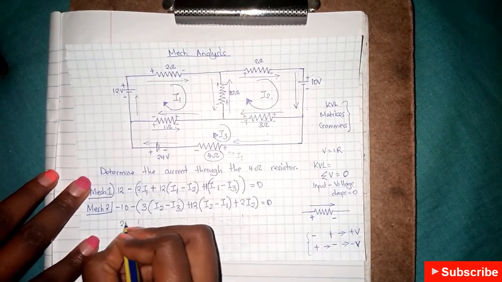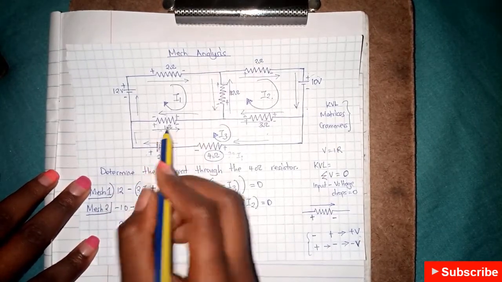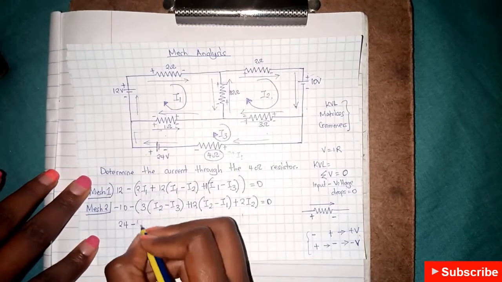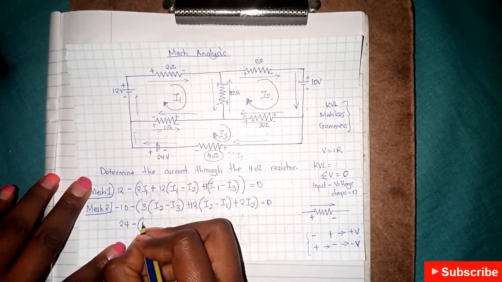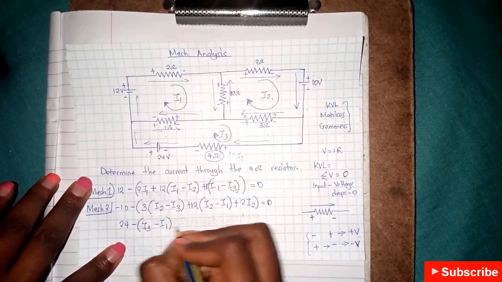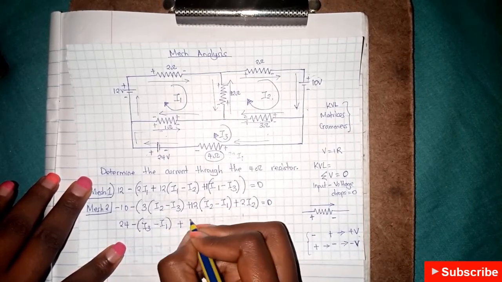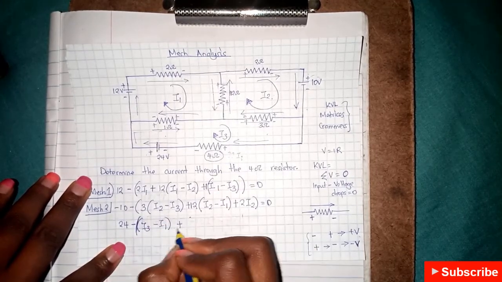So 24 minus, again, opposite direction, so we subtract the current one, which is I3 minus I1, plus, again, we have a bigger bracket.